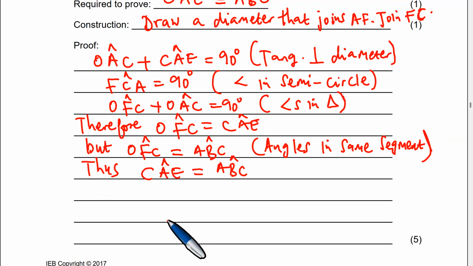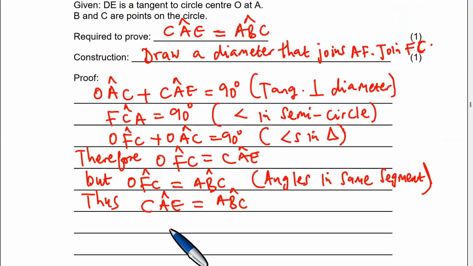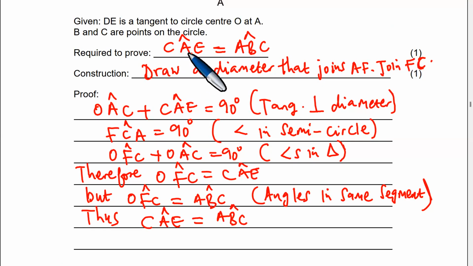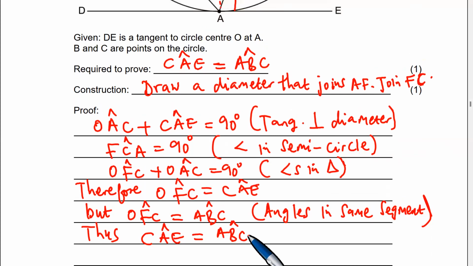And this is exactly what we wanted to prove. We said we want to prove that CAE is equal to ABC, and we've proven that. It's exactly what we were required to prove, and therefore we are done.